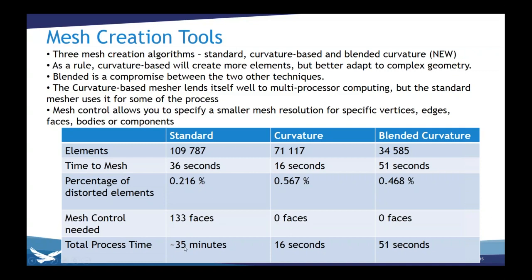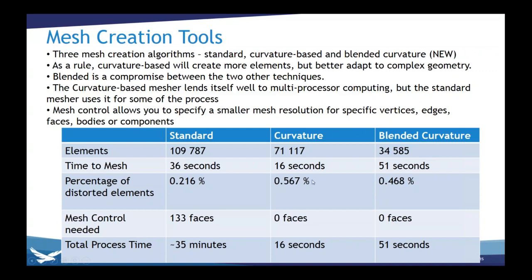So that's the big standout there. The standard mesher has very limited usage of multiple cores on your CPU. So it takes about 36 seconds to process that mesh. And with all that mesh control, I end up with 110,000 cells.